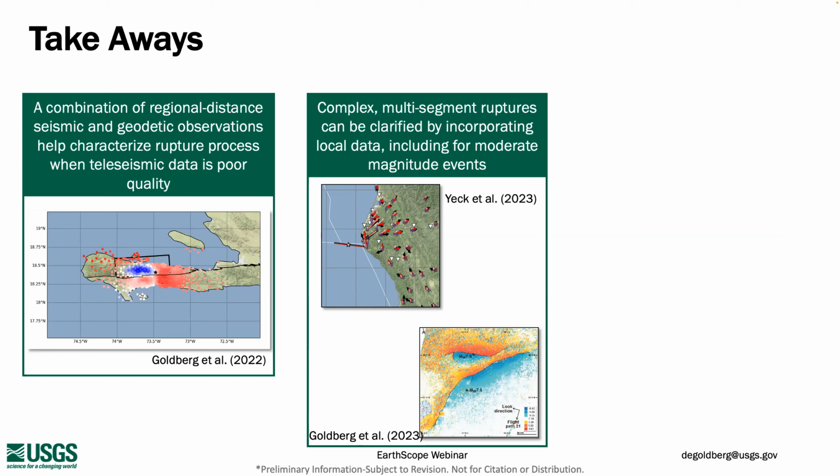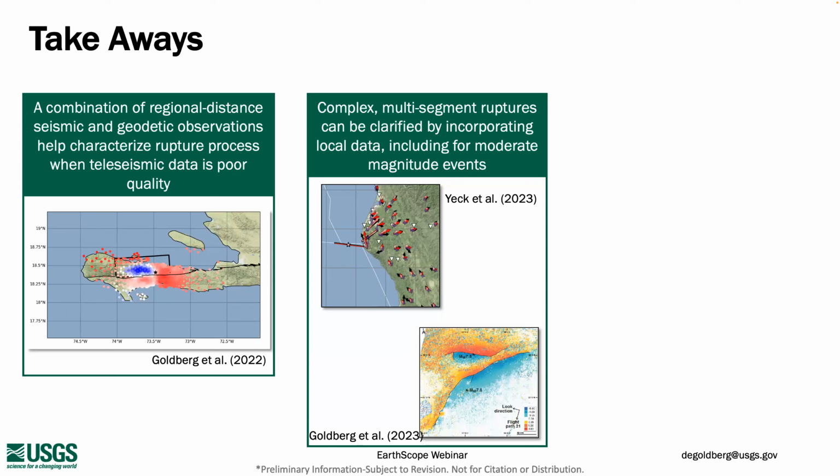The Petrolia sequence in particular clarified that local data can help to illuminate the complexities of moderate magnitude events that we are not able to observe quite as often. And we were able to understand this complex slip pattern that was partitioned between an offshore and onshore rupture.